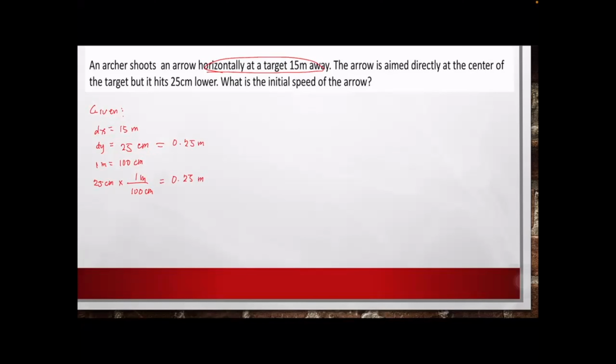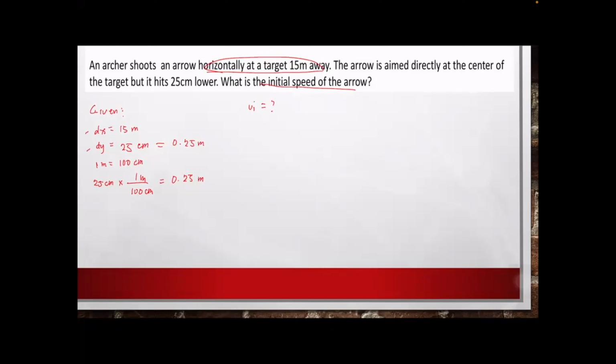Next. Sabi dito, what is the initial speed? So, we need to get for the initial speed. Initial speed stands for the v sub i. So, therefore, we need to find first the time. Meron tayong dx, meron tayong dy.